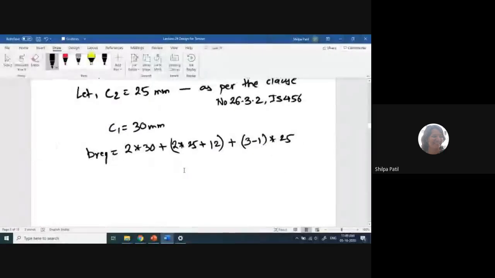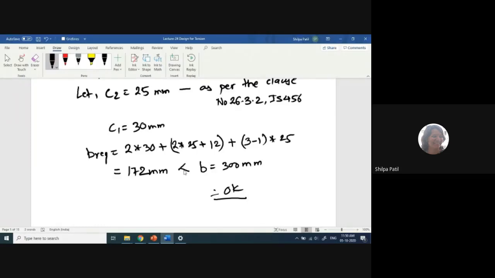Okay, so check now. What is the required value? 172 mm, and this is lesser than the actual provided value of 300 mm. So this is okay. The required value is smaller, so we have already provided the larger value.